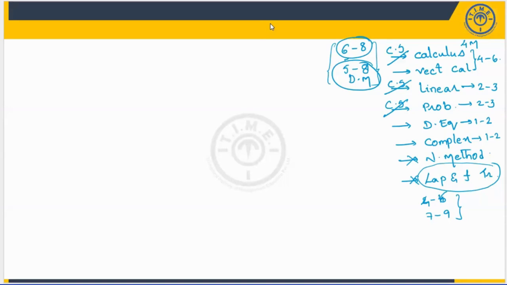And I'll try to go with vector calculus. In vector calculus, especially about your integral transforms, that part is there.